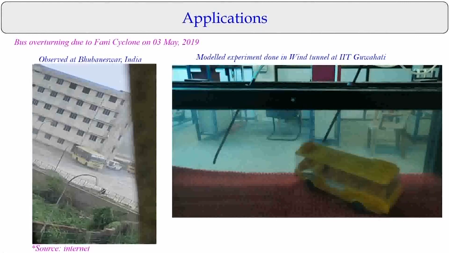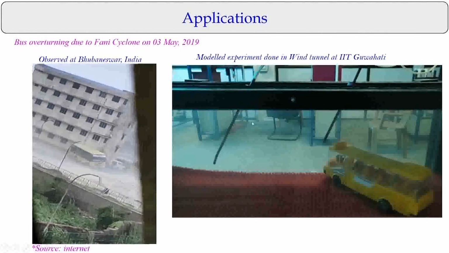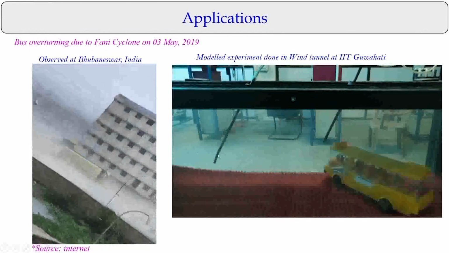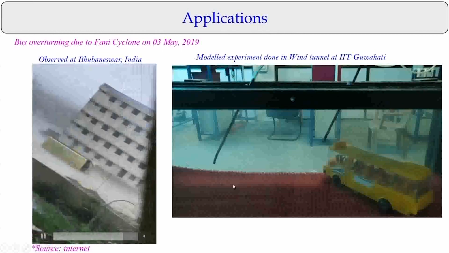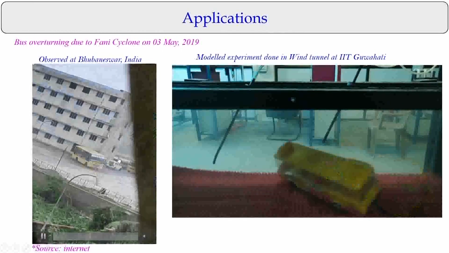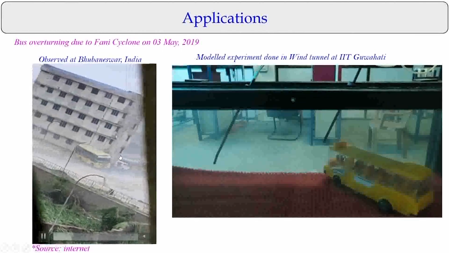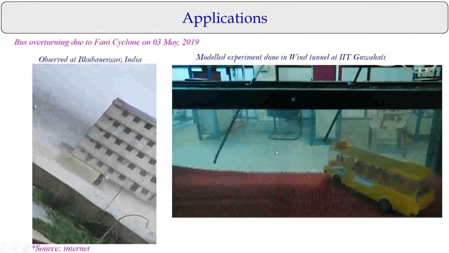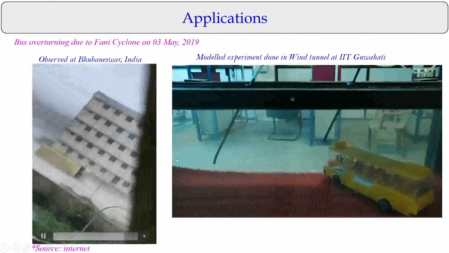The question arises: as you know, this is a full scale model, the prototype, and this is a model. This is the full scale that you got in the cyclone storms. This is what I conducted in a wind tunnel, and we are getting a similar trend.